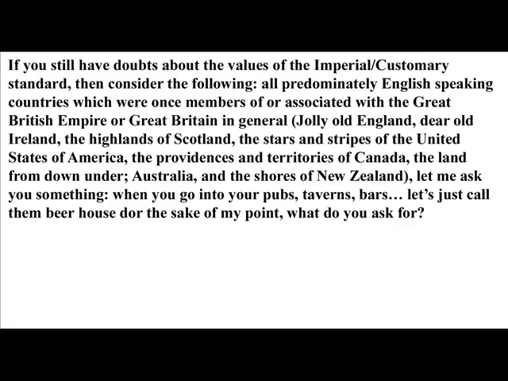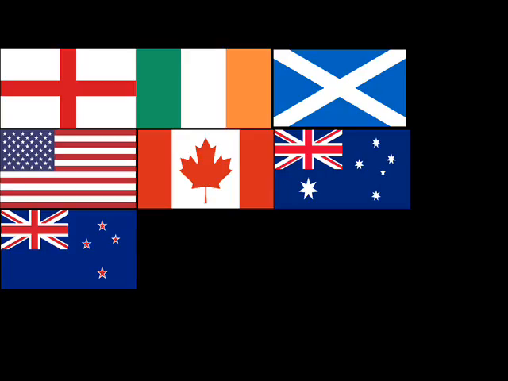If you still have any doubts about the values of the Imperial/customary system, then consider the following. All predominantly English-speaking countries which were once members of or associated with the Great British Empire or Great Britain in general. Jolly old England, dear old Ireland, the Highlands of Scotland, the Stars and Stripes of the United States of America, the provinces and territories of Canada, the land from down under, Australia, and the shores of New Zealand.